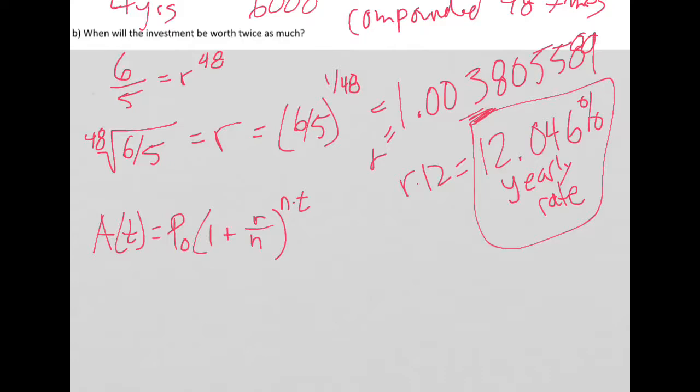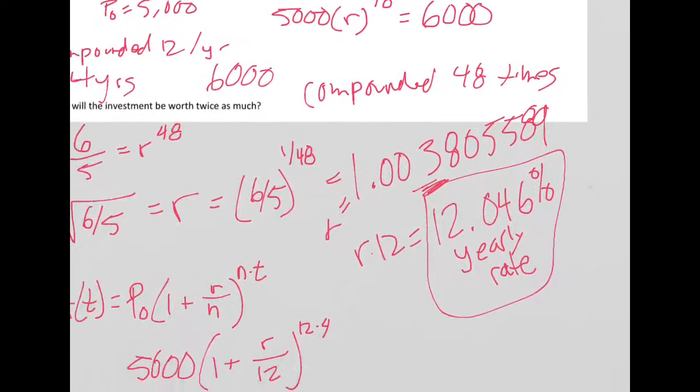So if you think about it, that's essentially what we did right here. We had this equation. Our initial investment was 5,000 times 1 plus some rate, and it was secretly divided by 12, we didn't realize it at the time, to the power of n, the number of compoundings per year, which is 12, times the number of years, which was 4, and we got our exponent of 48, just like that.